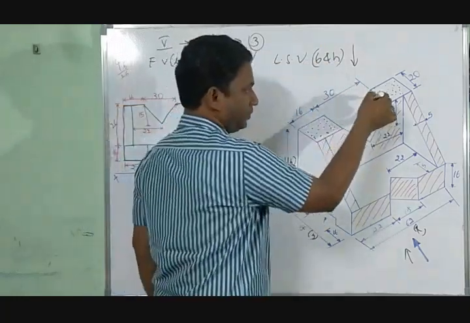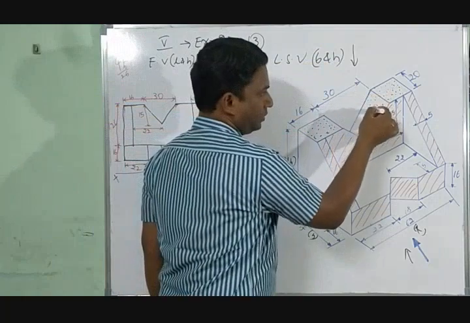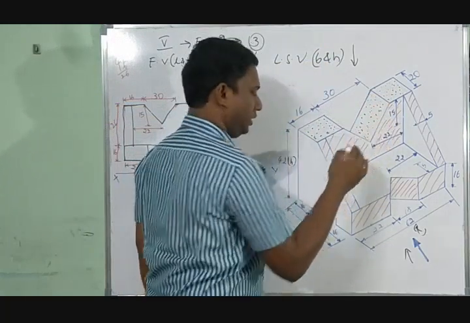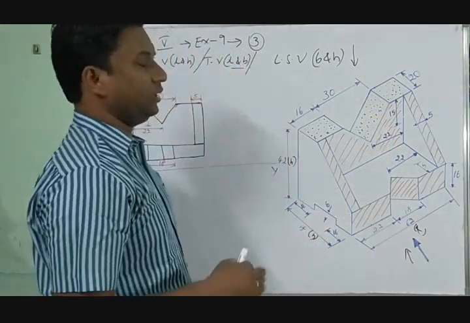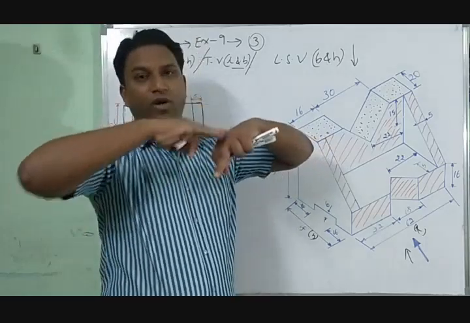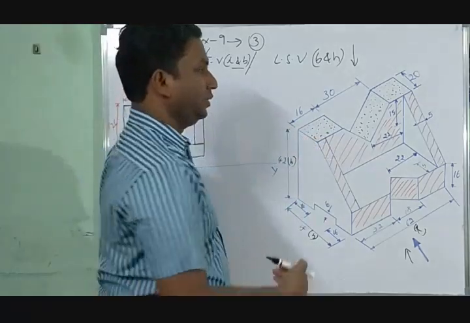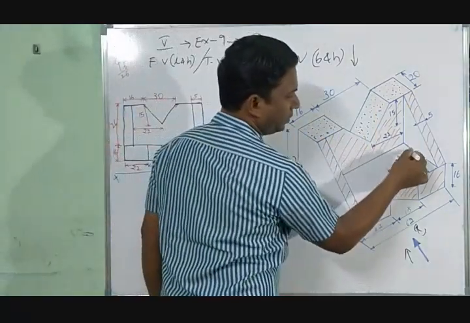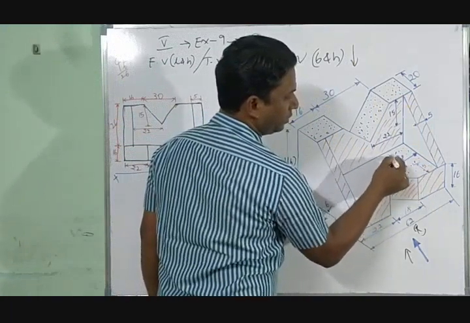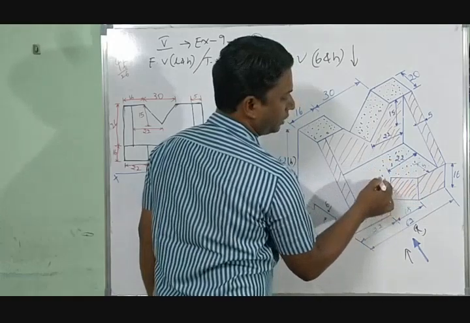Now this one, this part. See, when you are looking from isometric, the two things cannot be viewed directly like this. Only one is viewed. We are looking from this side. Now at the same time, when you are looking from the top, this is all the place where you can view in the top.